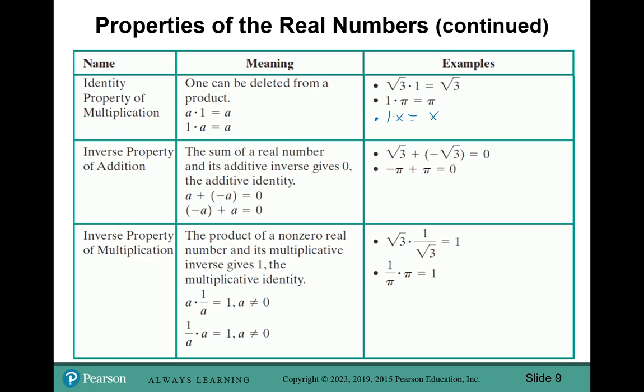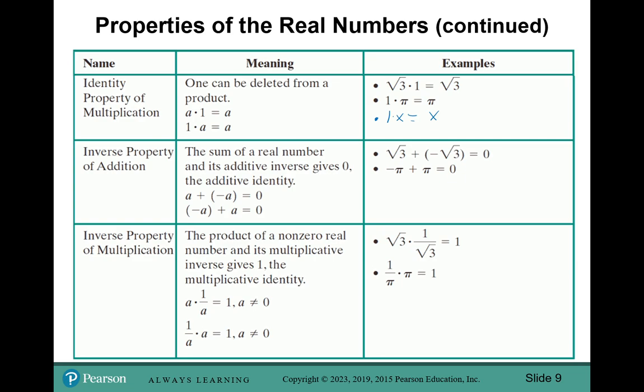The inverse property of multiplication says the product of a non-zero real number and its multiplicative inverse gives 1, the multiplicative identity. A times 1 over A equals 1. So we're looking at the multiplicative identity here. The multiplicative inverse of something is just 1 over that something.